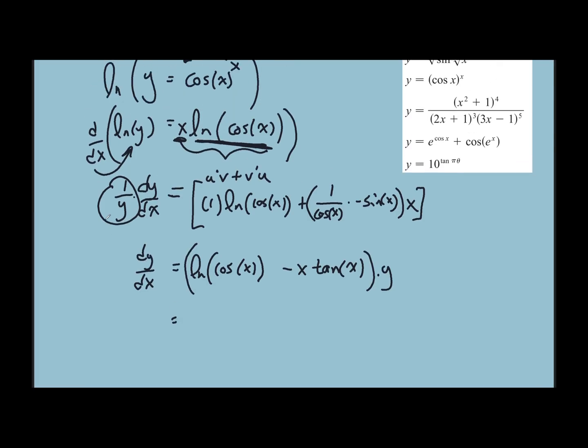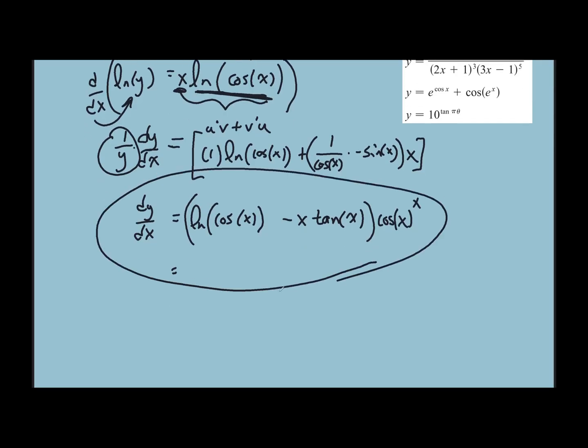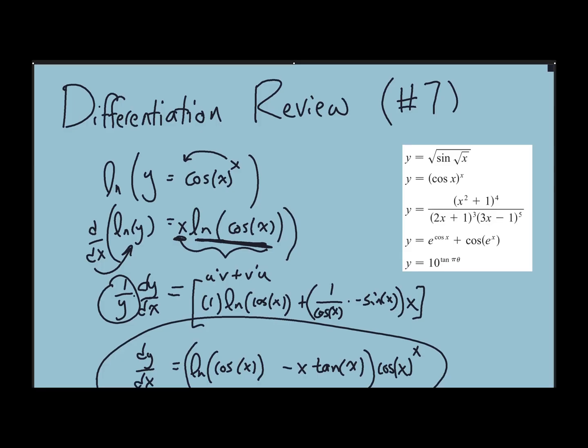And what's y? We can get rid of y because we can write in what y is. Just wipe that mark right off. Y is cosine of x to the x. I don't know if it's going to get simpler than this. I think that we're going to leave it like this as the answer. I don't know that it's going to get any nicer than this. So that's problem number 2.